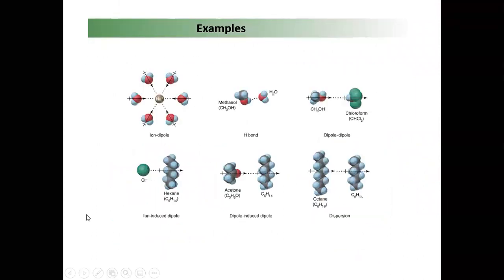So here are some examples to illustrate. We talked about ion-dipole. What's cool about that is your cation, such as sodium, will interact with the negative part of water, which is the oxygen. So you have these oxygens that coordinate to the sodium.